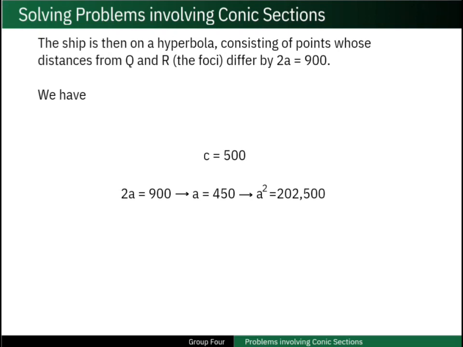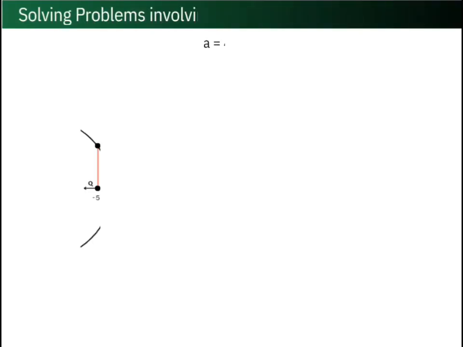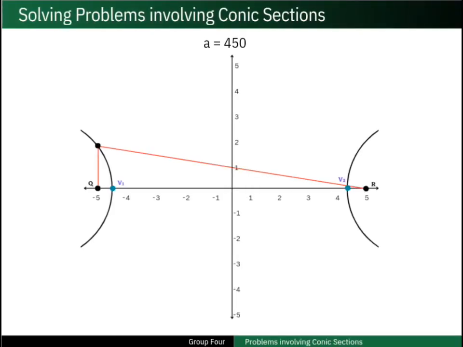So, 900 divided by 2 is equal to 450. And now, to find A squared, we just square 450, which is the value of A, giving us 202,500. Since we now have the value of A, we can already plot the coordinates of the vertices, which are negative 450 and 450, on our graph.